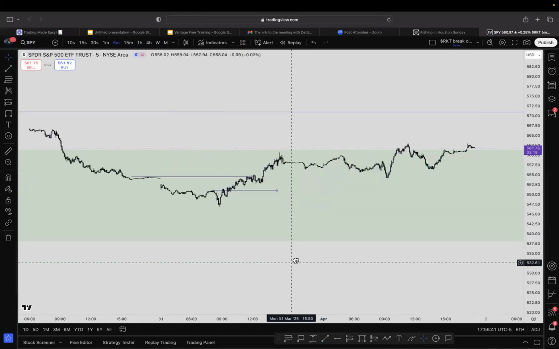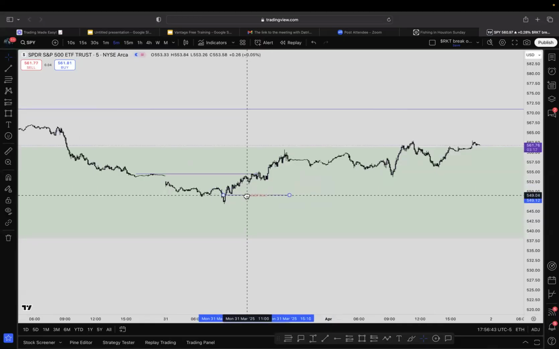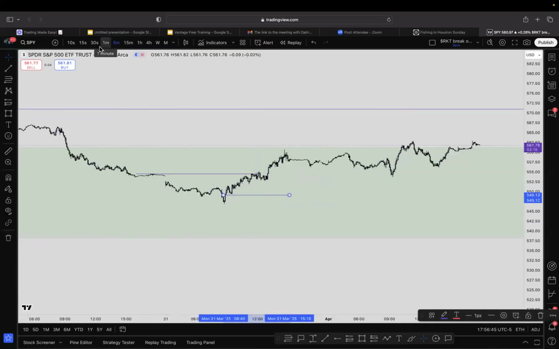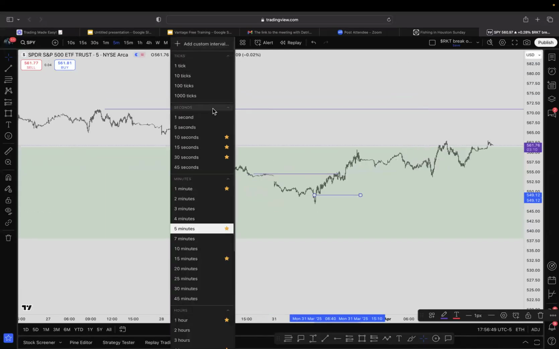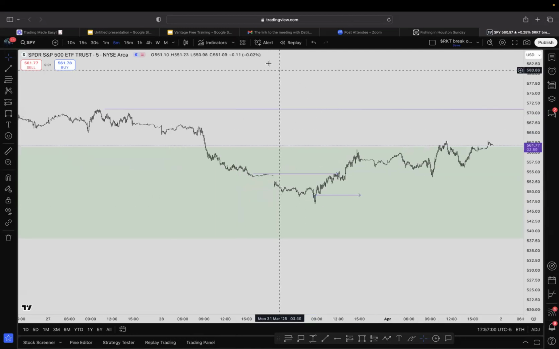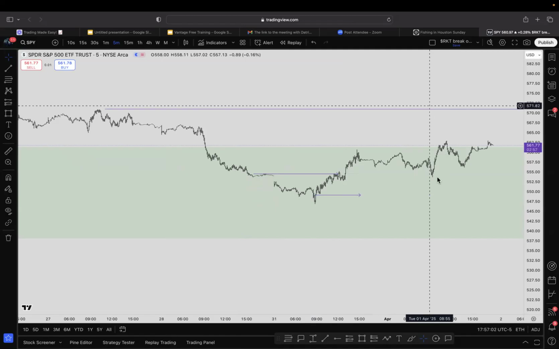On a 5-minute, we became bullish as soon as we broke 549. The lower time frames we go, the lower that number gets, because when price goes in a direction, it shows on lower time frames first and then the higher time frames. Y'all starting to see the vision?